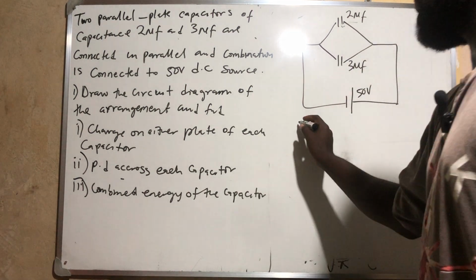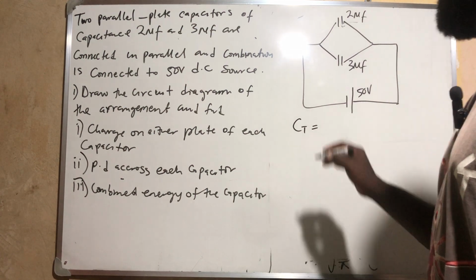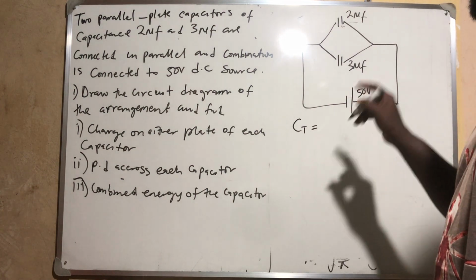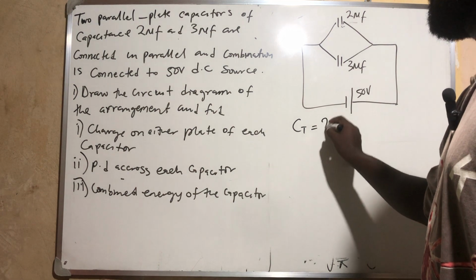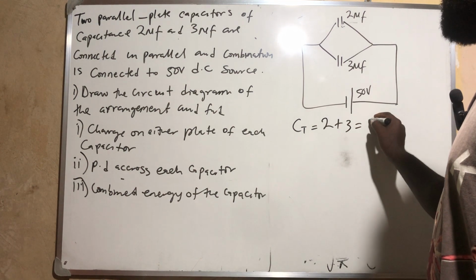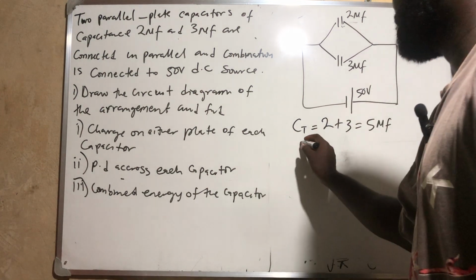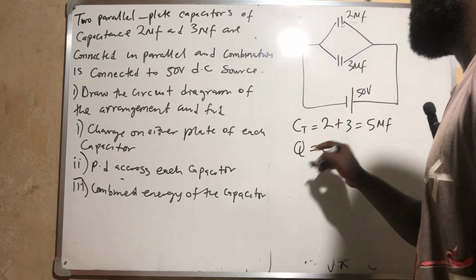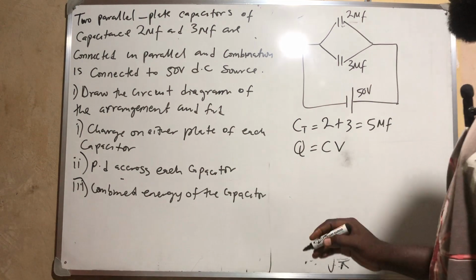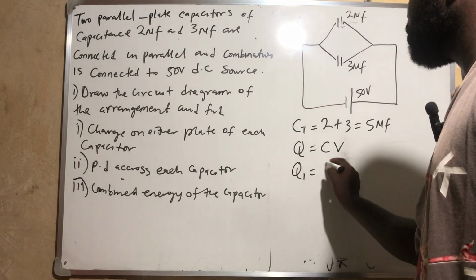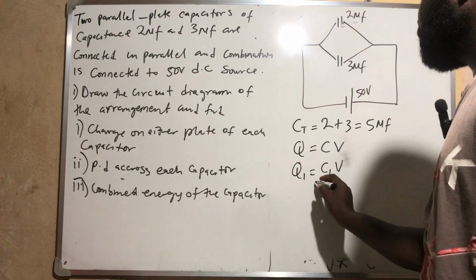So let me get their total capacitance. CT is equal to what? 2 plus 3, which is equal to 5 mu farad. All right. Then don't forget that charge is always Q equal to CV. So Q1 is equal to C1V, which is what?